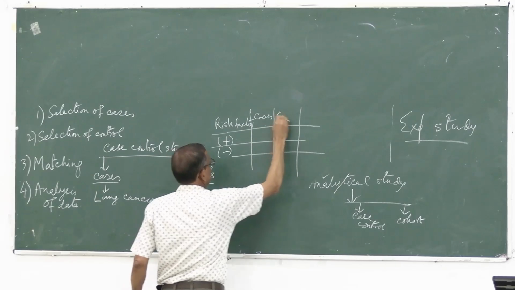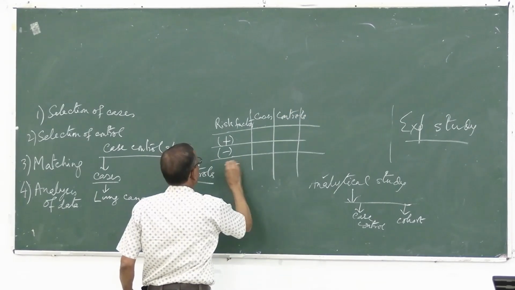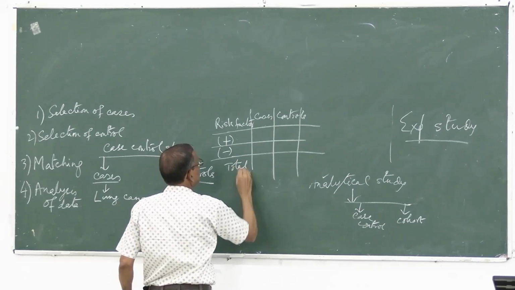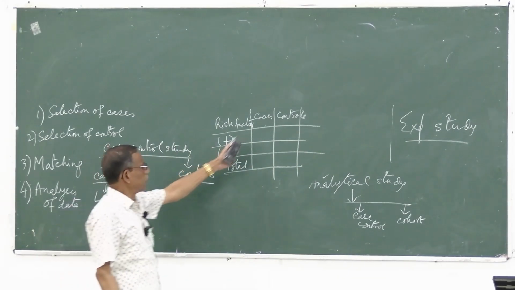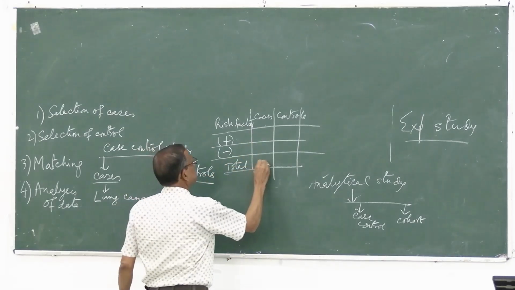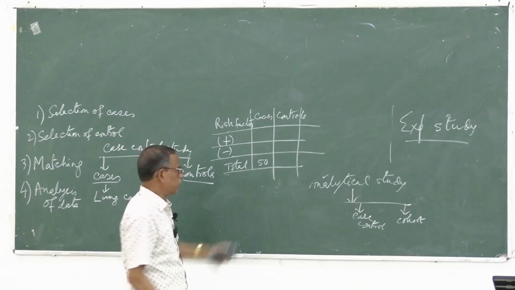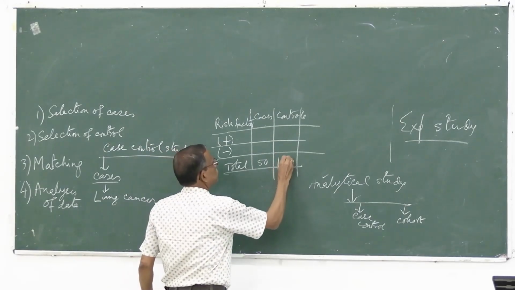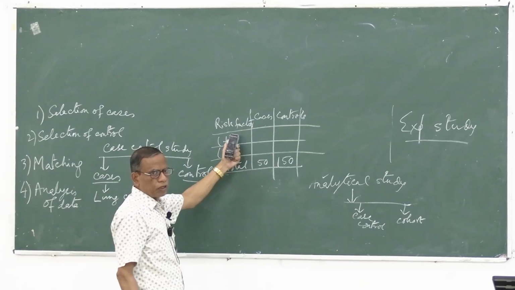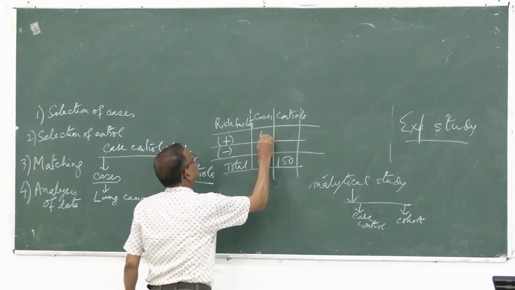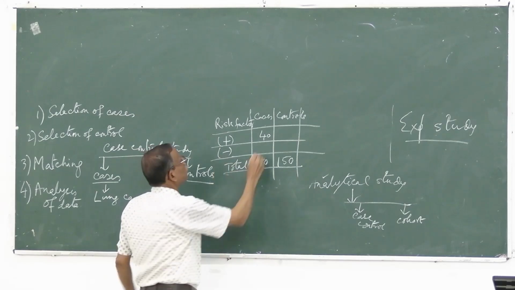Cases, these are the cases, these are the controls. Suppose your total cases is 50, and control 3 times, 150. Out of this 50, history of smoking is present among the 40 and no history of smoking among 10.